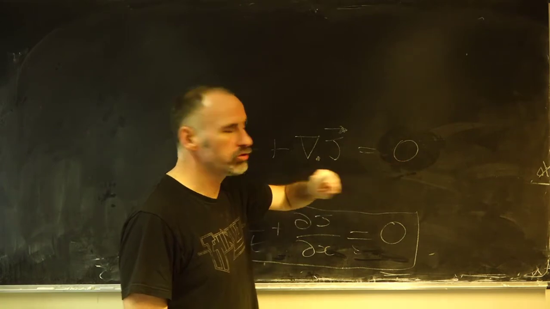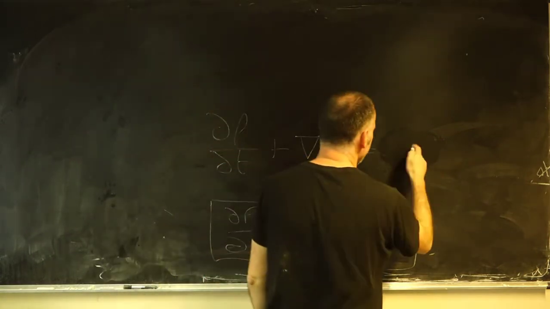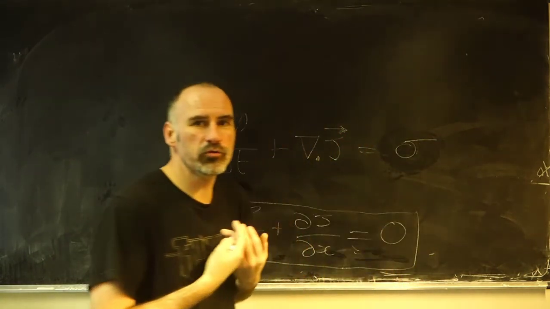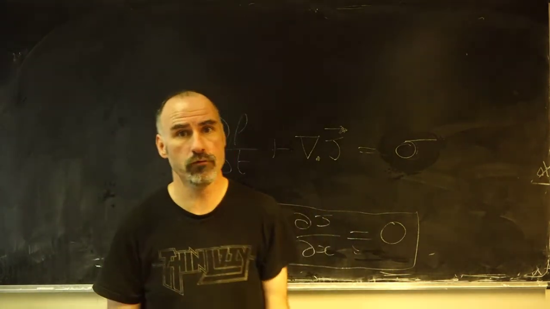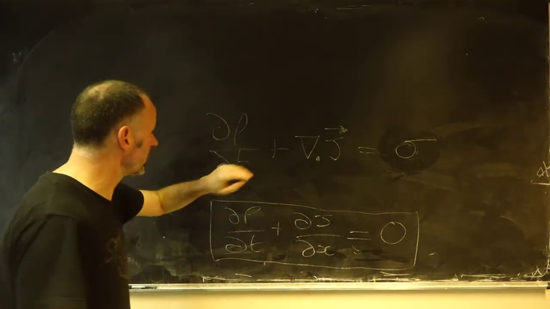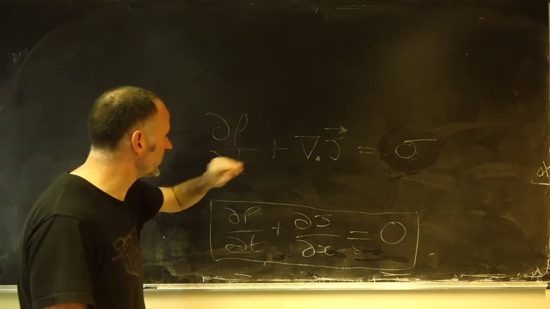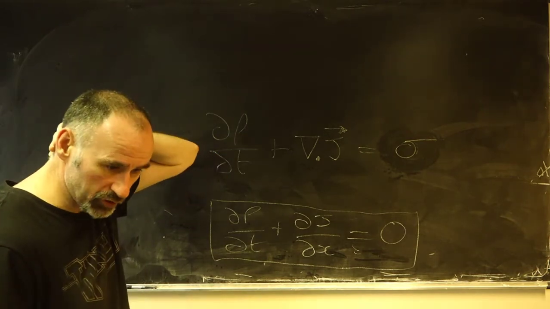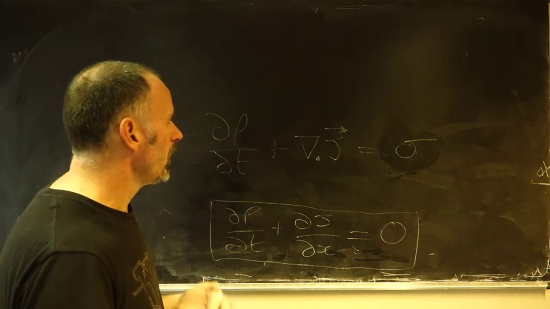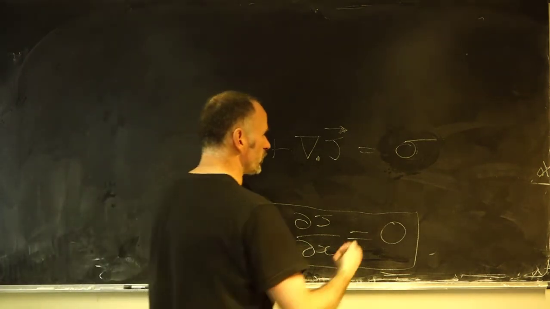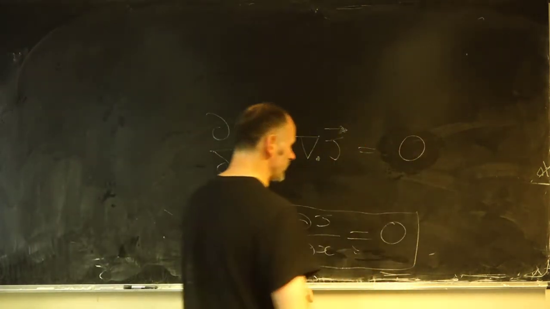Okay, so the more general version of this, you've got a sigma on this side. And that's describing the rate at which we create or remove this quantity, basically, the quantity this density is describing. If we're not creating or removing, we've got an important conservation law, and hence we set that to 0.